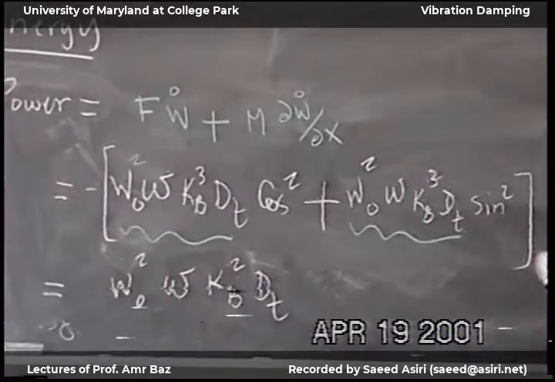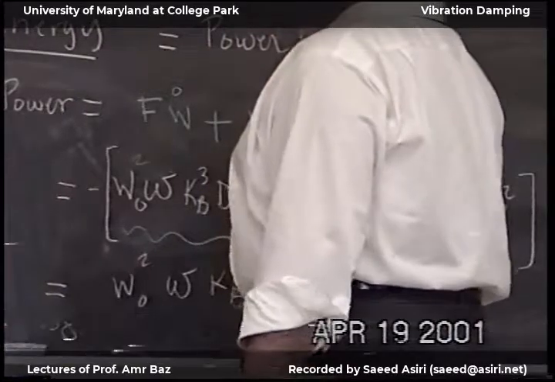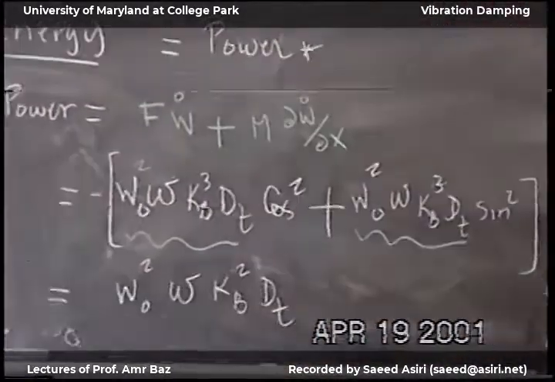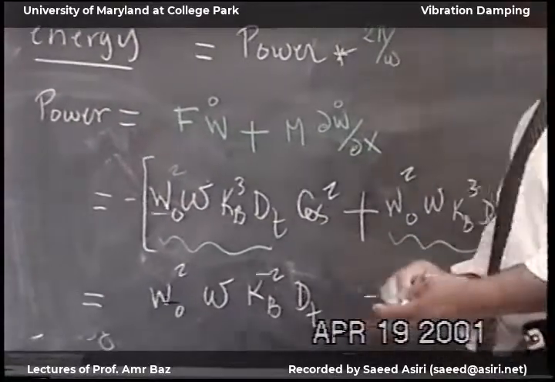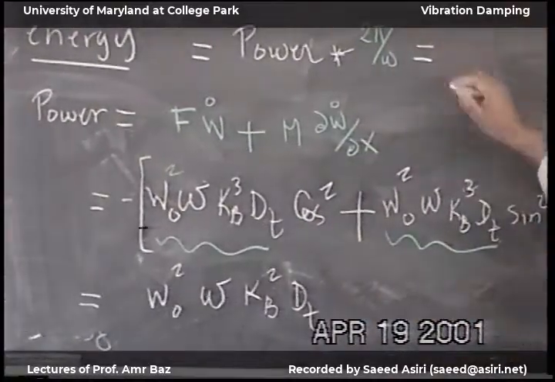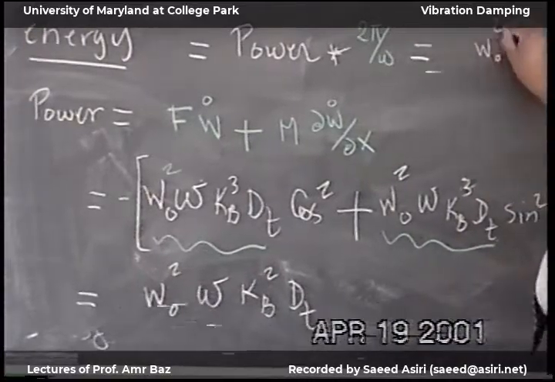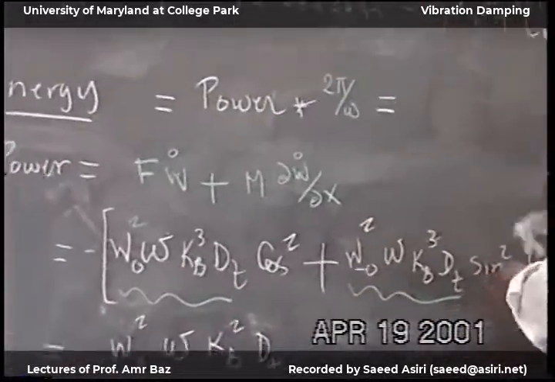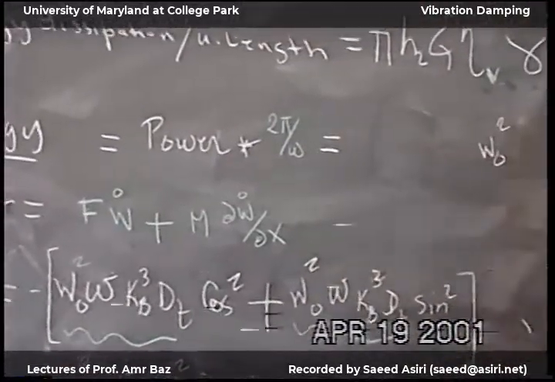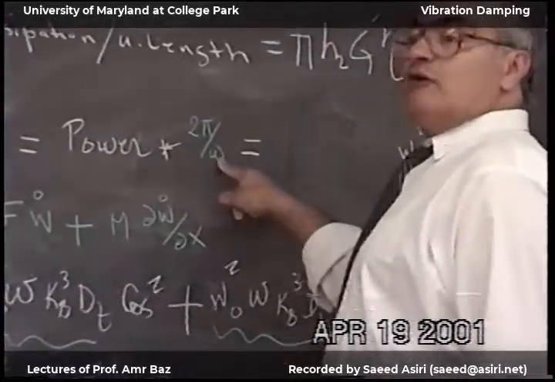Now the energy will equal the power times the period. The period is 2 pi over omega. So now this will equal w0 squared, and then I divide by omega.